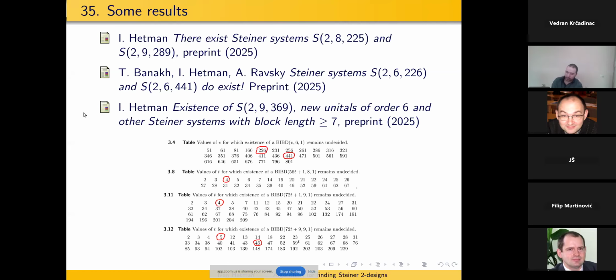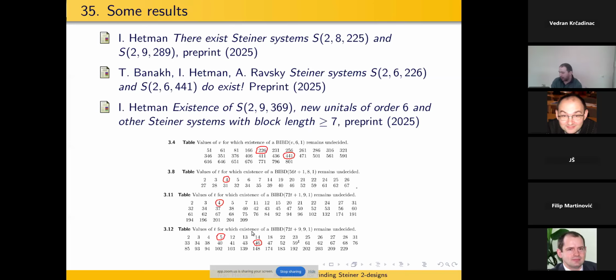Because we have the Handbook of Combinatorial Designs, which has lists of, let me remind you that a BIBD with parameters (v, k, lambda) is the same as a Steiner design. So there are tables for which the existence of the Steiner designs remained undecided.